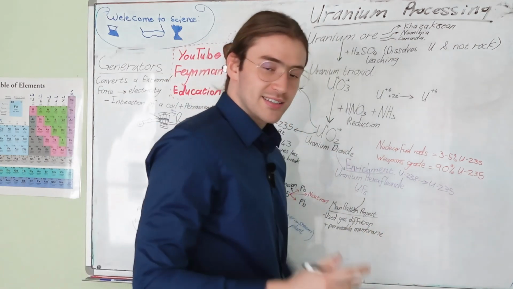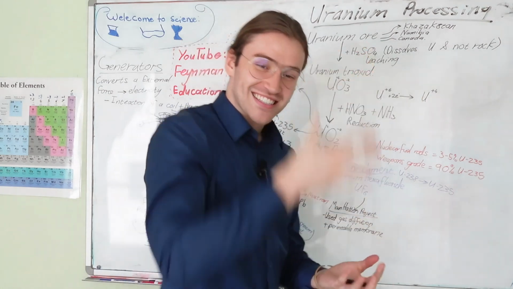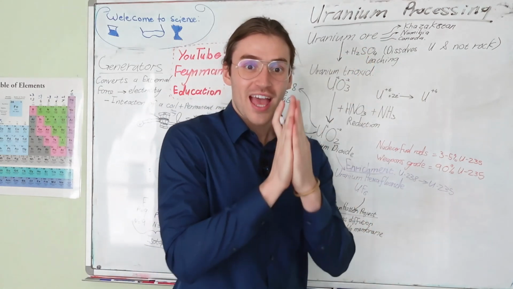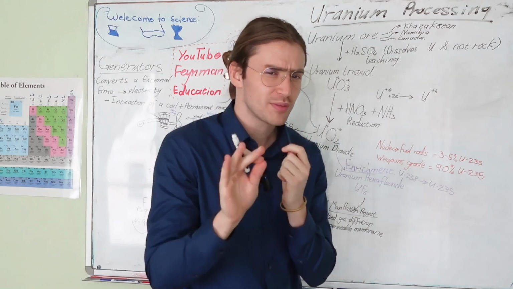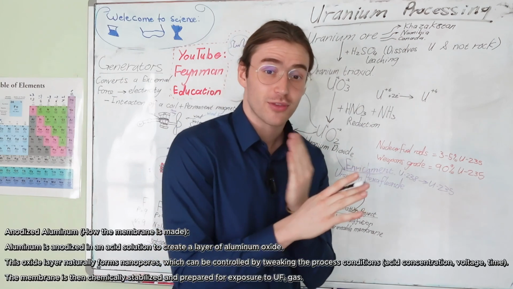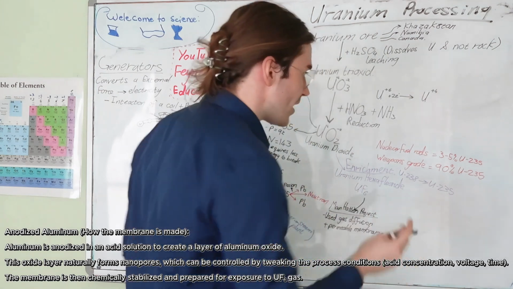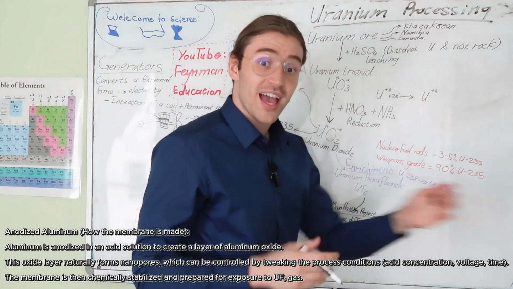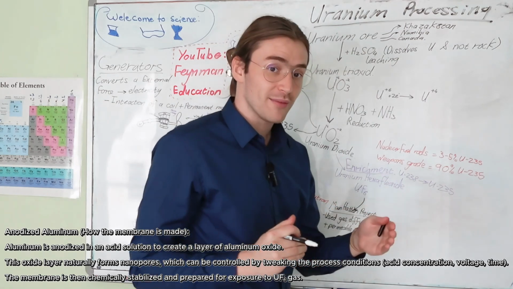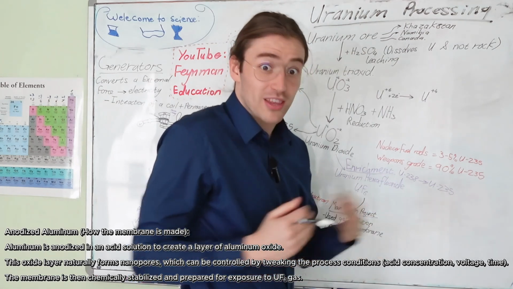A membrane is something that's like a skin, a divider. This membrane had holes going through it, holes that were just big enough to allow a uranium atom through. But because uranium-235 was smaller than uranium-238, it went through first. And therefore they were able to separate them based on the speed at which they went through that membrane.